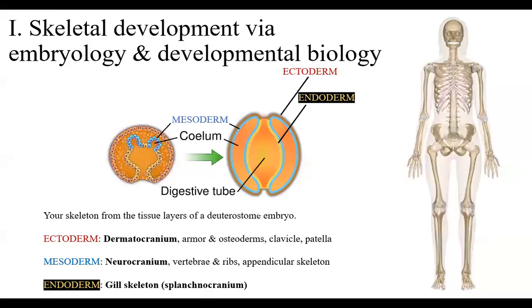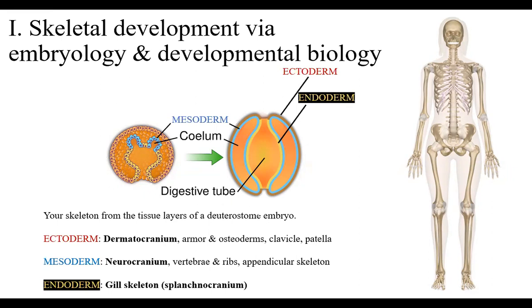We have three cell layers as embryos. An ectoderm on the outside, a mesoderm in the middle that surrounds our body cavity where our organs are going to be, and an endoderm on the inside. And that endoderm is basically the lining of your gut, from your mouth to your anus or from anus to your mouth, depending on if you're a protostome or a deuterostome.